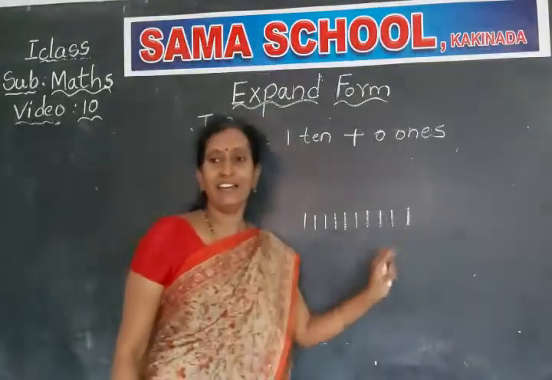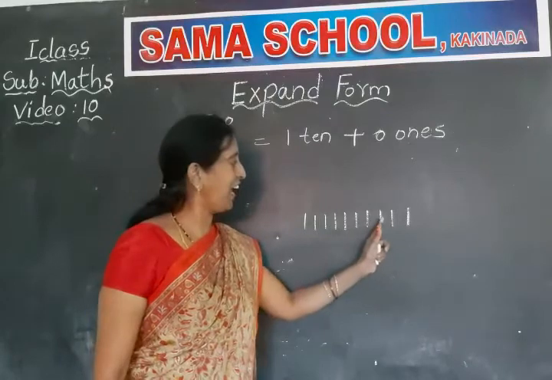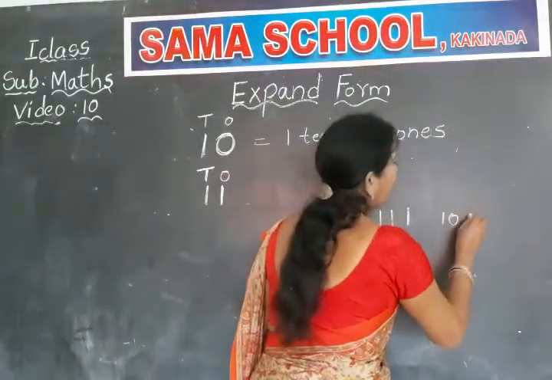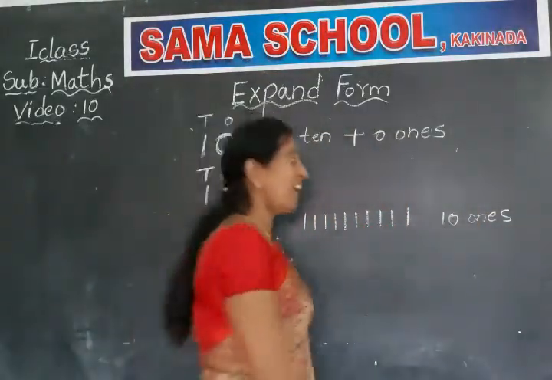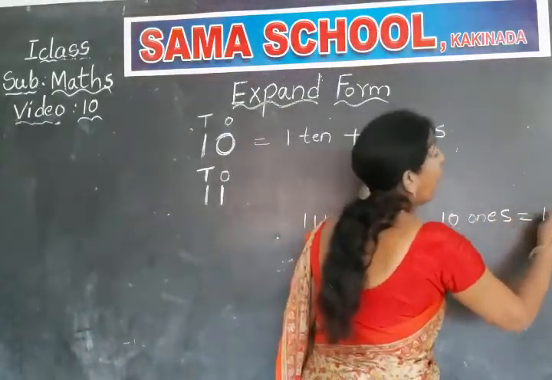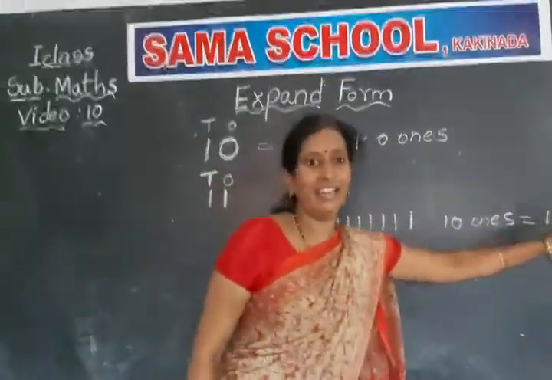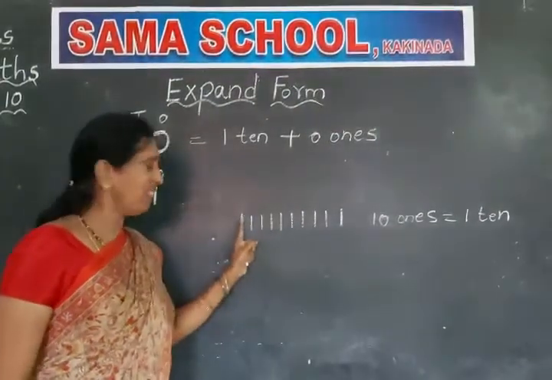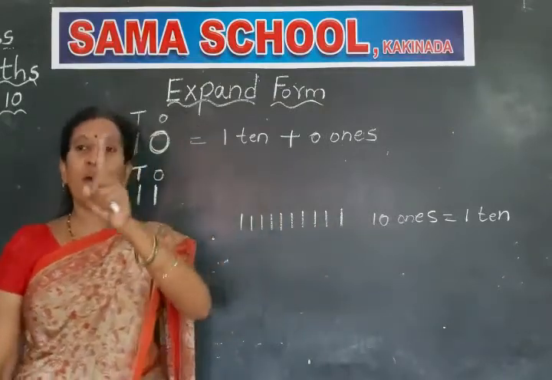How many ones? 10 ones. 10 ones equal to 1 ten. See that? 1, 2, 3, 4, 5, 6. This is 1, this is 1, this is 1. Like this, these 10 ones make 1 ten.